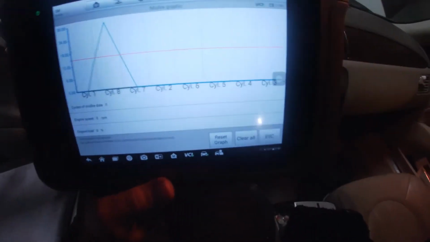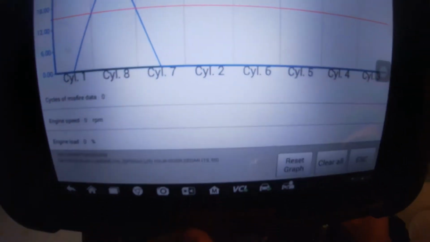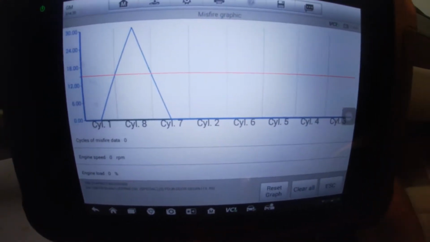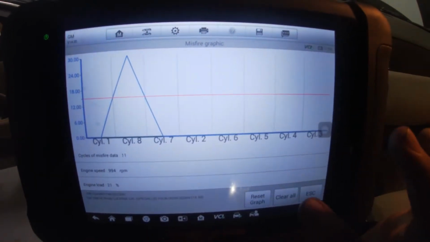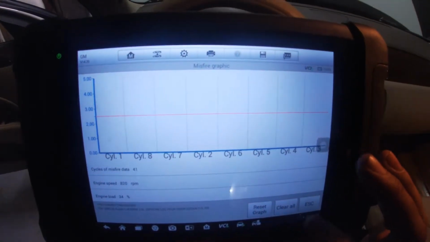So we got our scan tool data here again. Now we're going to reset graph.